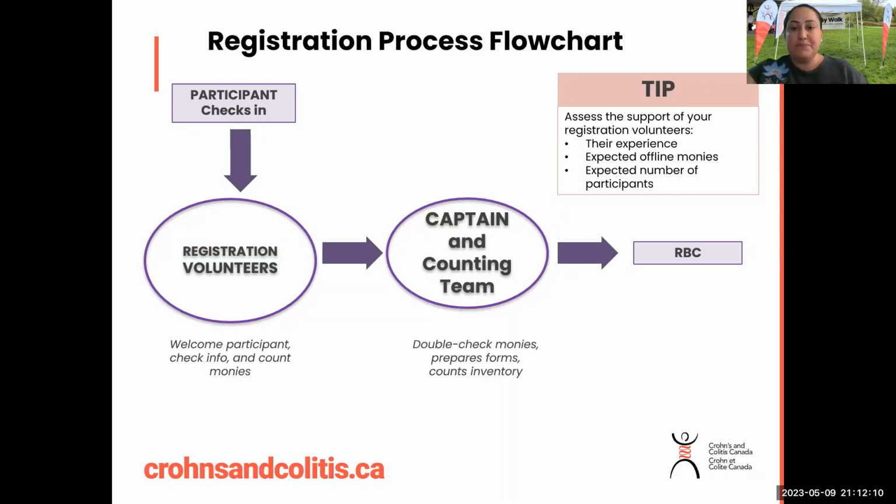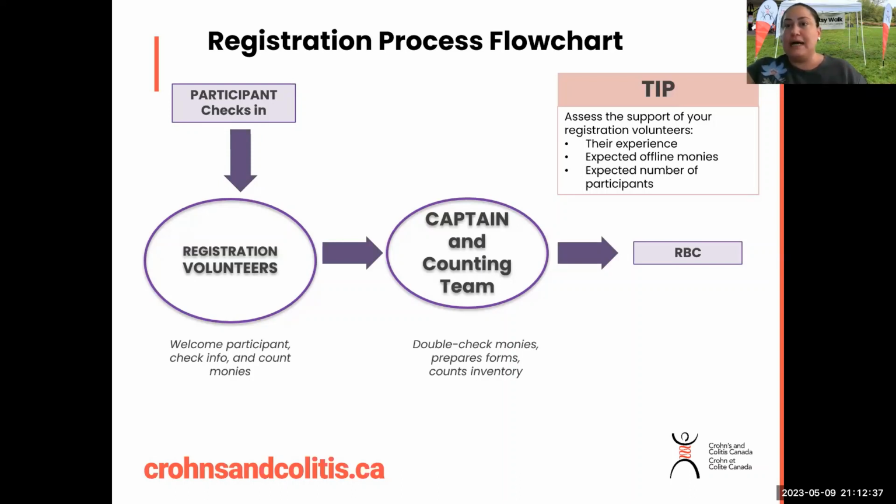And then some tips: when you are deciding on the number of registration volunteers, consider how many people you are expecting to have at your event, and how many people may bring offline money. You can see that from your location page as well, where you will see the offline amount, or based on previous years.